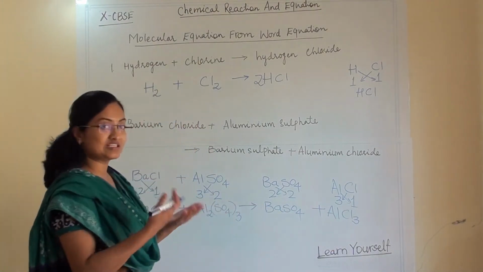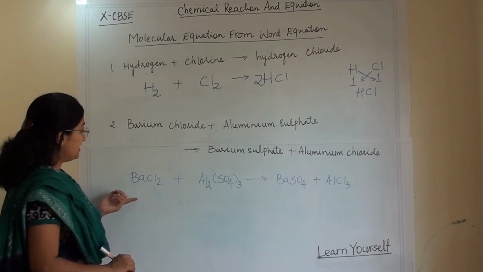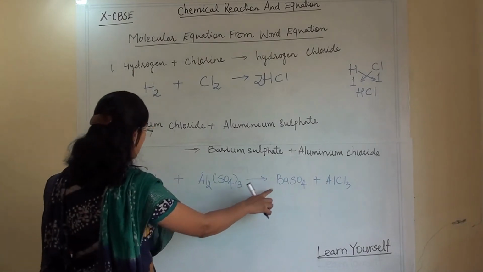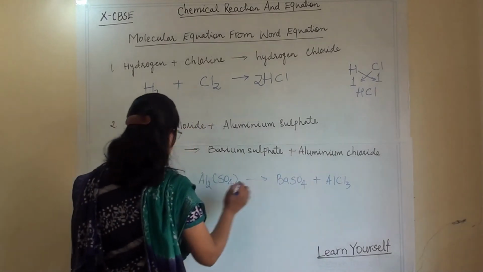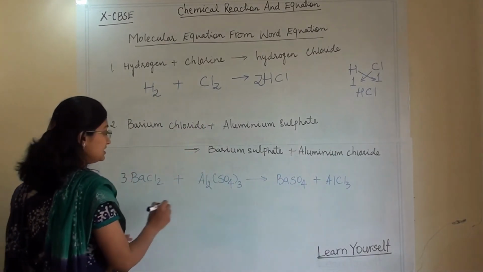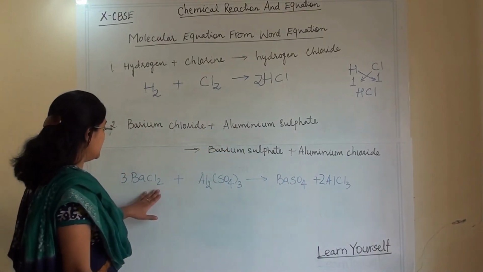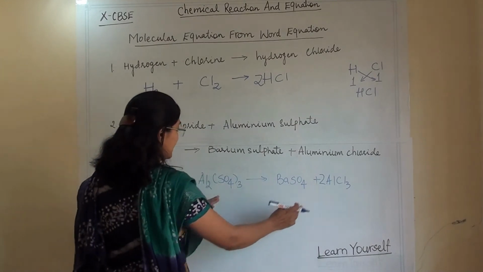Now the next step is we have to balance it. When we are balancing, let us see Ba is 1 and 1. Cl is 2 and here it is 3. So let us add 3 here, and we'll add 2 here. So here 2 Al, 2 Al.